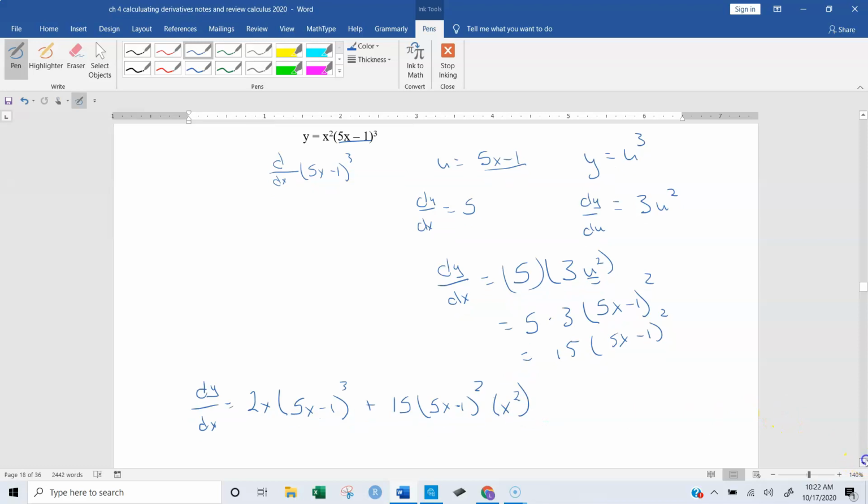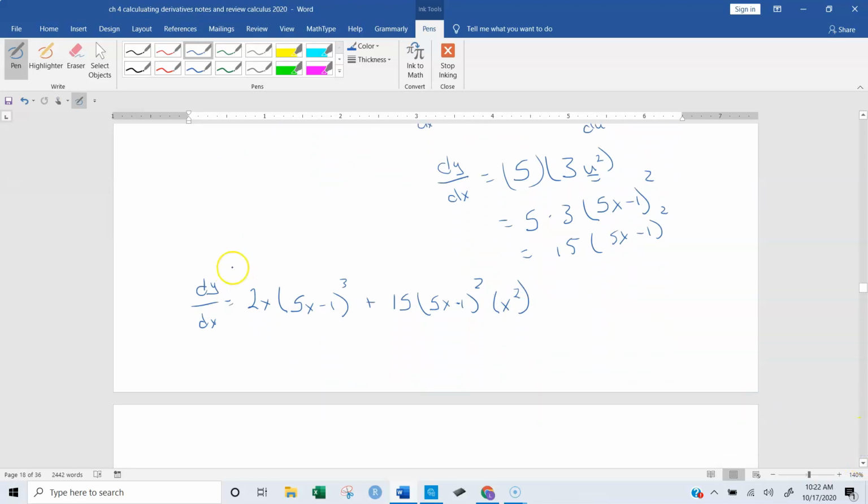All right, now let's see if we can simplify this thing. What do they have in common? We look at this, we've got (5x minus 1) squared. And if you look here, I have an x here and an x squared here. So here and here, I have an x in common.